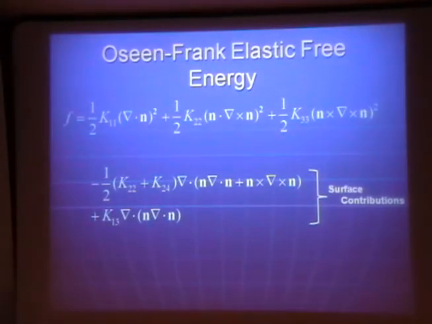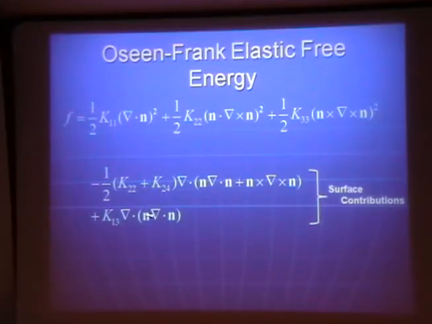So the real Frank elastic free energy reads something like this. This is the well-known bulk component taking care of splay, twist, and bend deformations, each coefficient being the respective elastic constant. And it must be supplied with surface contributions. There are two surface contributions.